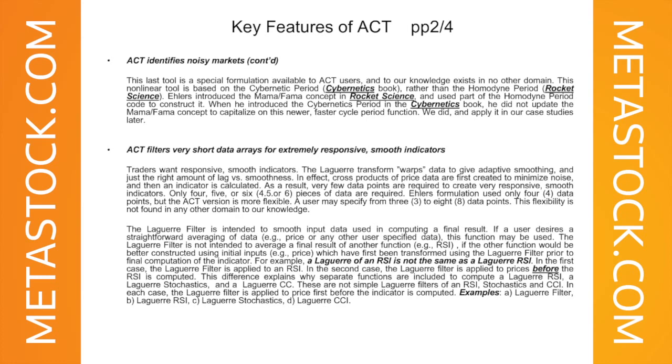We use 3. Now, we allow in our formulation people to use anywhere from 3 to 8, and Ehlers only talked about 4. So to our knowledge, this is the one and only formulation we're aware of where that flexibility is available. I think you'll really like this because you noticed how the Laguerre filter moved so rapidly but yet was very smooth.